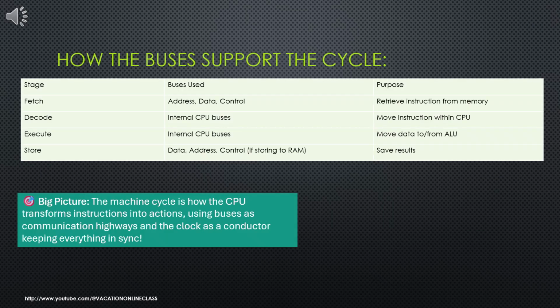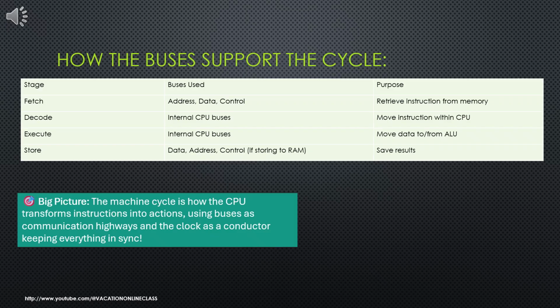How the buses support the cycle. We have covered the stages of the cycle and we've defined the buses. The slide, in conjunction with the helpful table you see here, is the final piece of the puzzle.